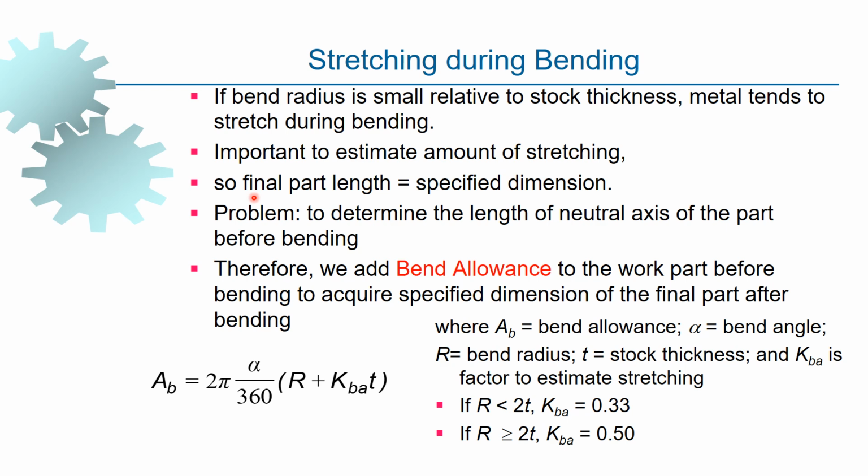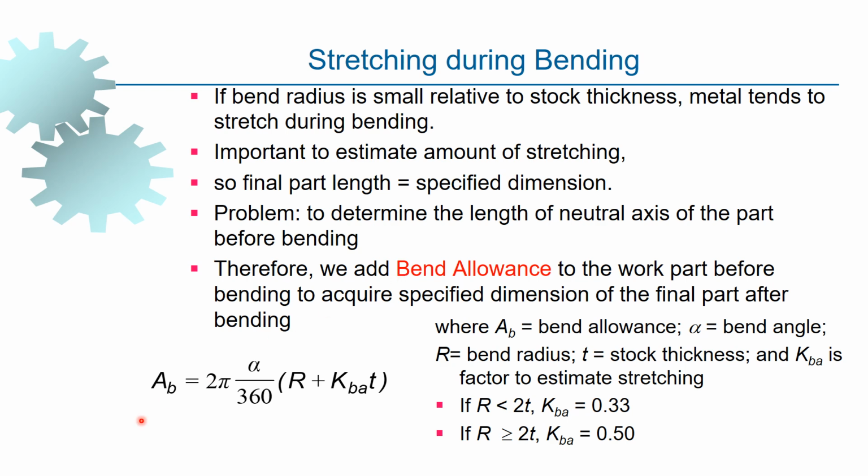So the final part length should be selected according to certain principles, so that the final length is equal to the specified dimension. So how do we do that? We need to add a bend allowance for that. As you know, when we bend it and then measure it, the length will be less, so you have to add a bending allowance for that.